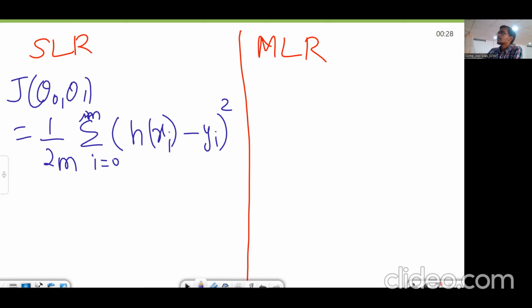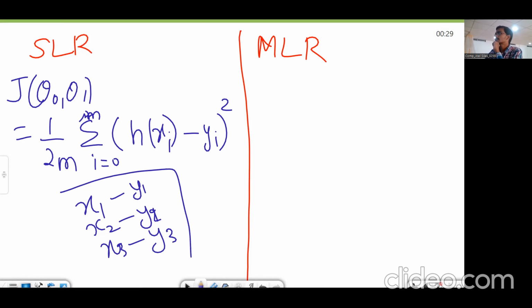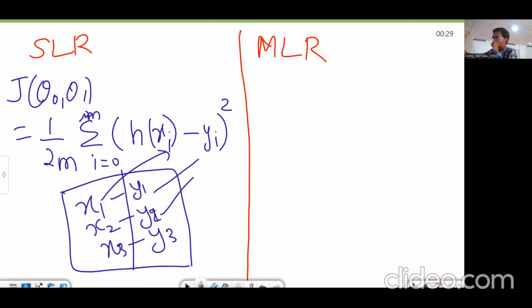So if we have a number of training examples, we have a single feature, which can be x1, the next feature can be x2, the next x3, and correspondingly, we will have the labels. This was the case of the data set in simple linear regression. That is why we are writing x of i, that means x of 1, x of 2, x of 3, and similarly y of 1, y of 2, y of 3.